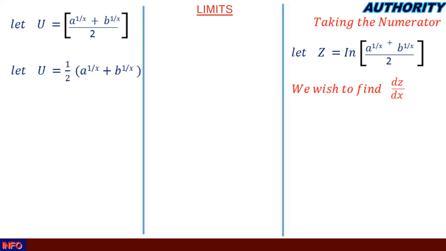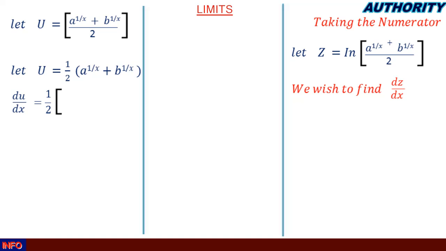Looking at this, you see that 1/2 is a constant, so let's put it by the side. Here we are going to differentiate a raised to the power of 1/x, then plus, differentiate b raised to the power of 1/x. Is that clear? Then multiply by the constant 1/2 that is outside. Let's pick them one after the other and differentiate.